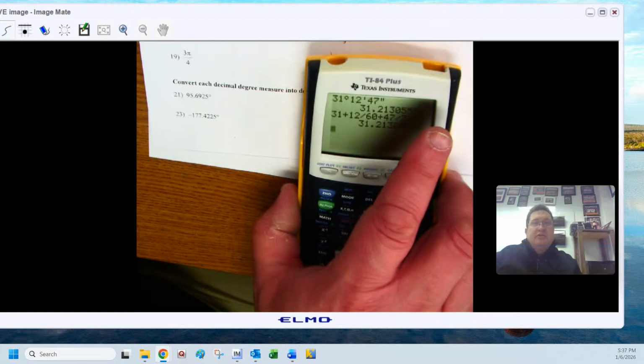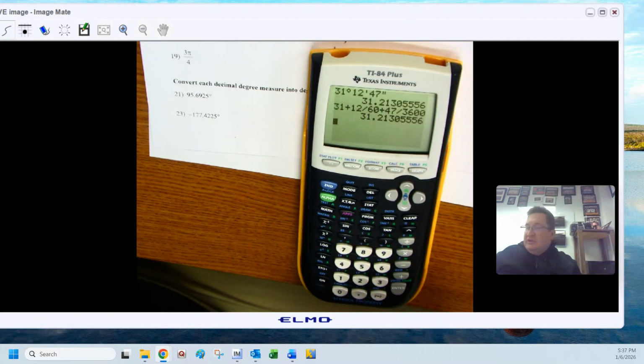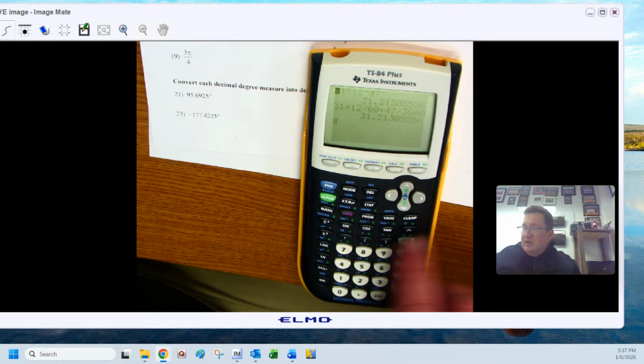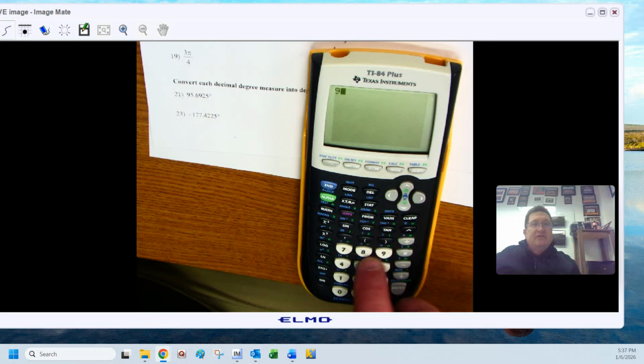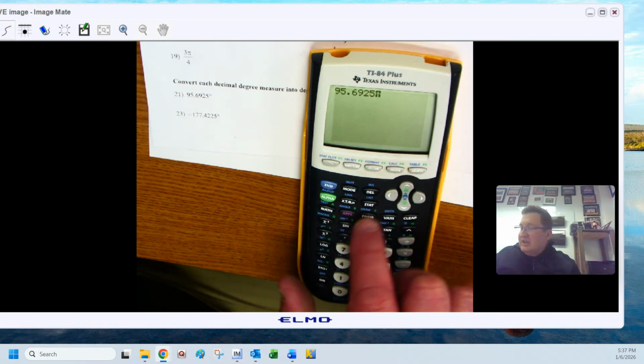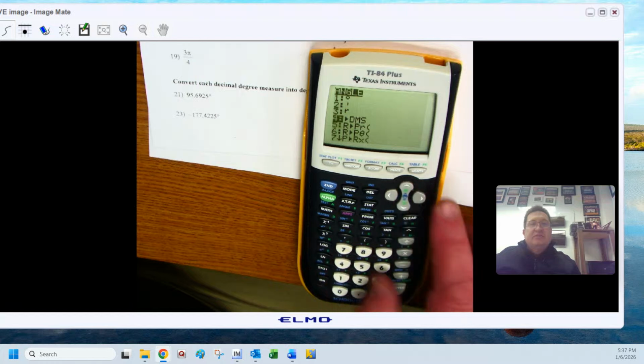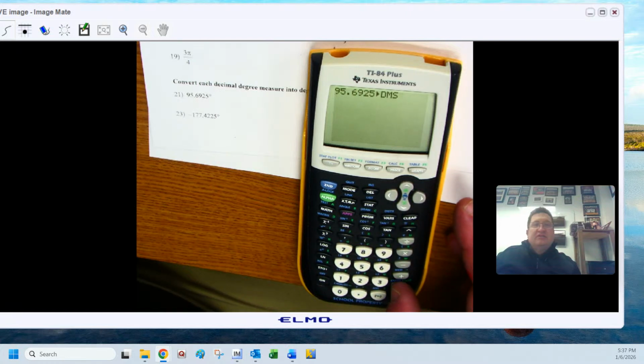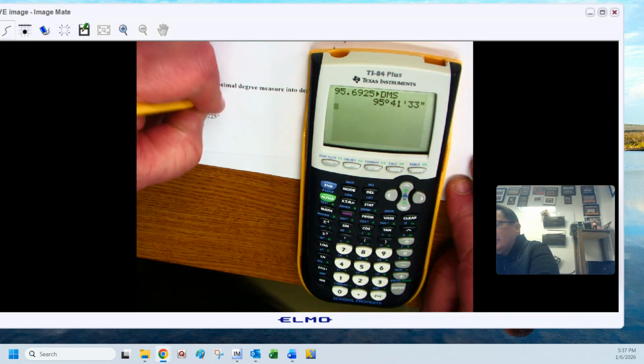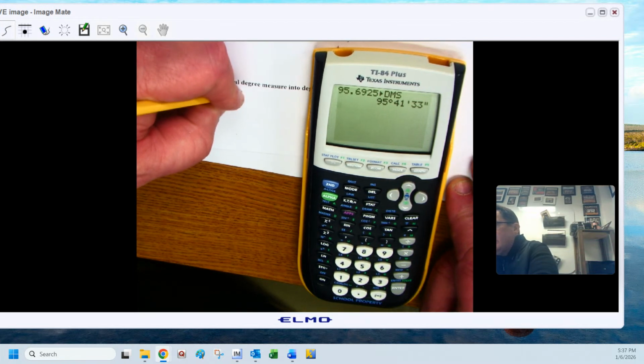And so what we'll do is we can just type in 95.6925, and then there's a button when we hit second angle as we did before, and you can convert it to degrees, minutes, seconds, and it'll just do it for you. And that's about as boring as it gets. That's 95 degrees, 41 minutes, 33 seconds. And so you just got to do some button pushing there.